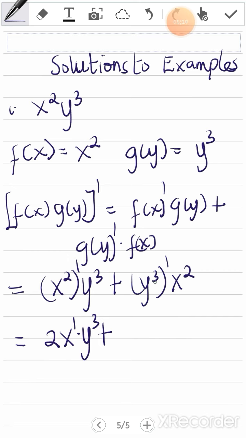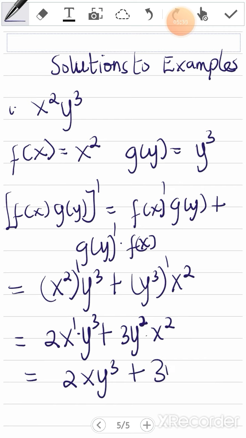Then for here, you differentiate y to the power 3 from the power rule, 3y to the power 2 times x squared. So here you're going to get 2xy cubed plus 3y squared x squared.